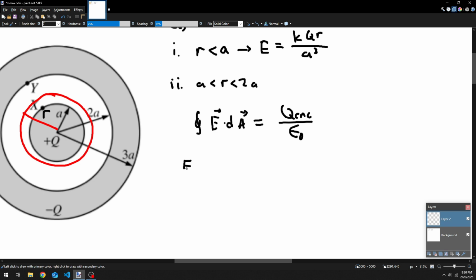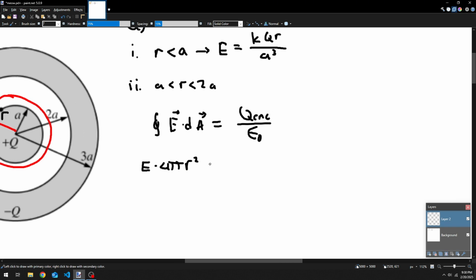Now we can boil this down to E times 4 pi r squared.